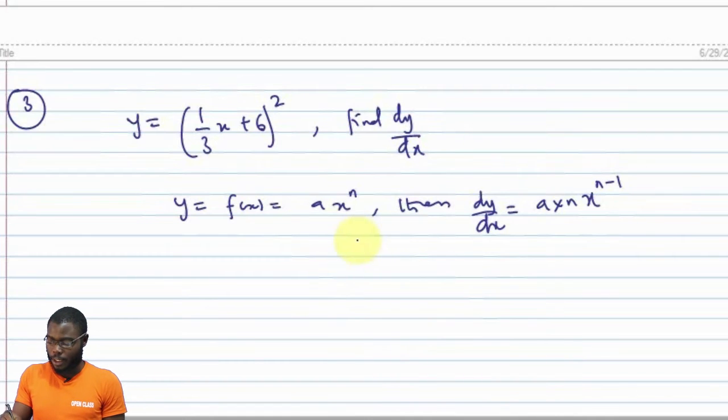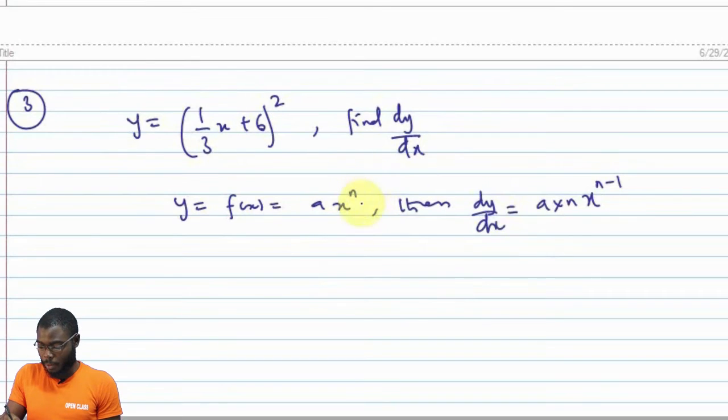So what we do here is, if you have a function that has a coefficient and a power, your dy/dx is simply multiplying the power by the coefficient and reducing the power by what? By 1. Okay, so that gives us the answer. So this is going to be a n x raised to power n minus 1.